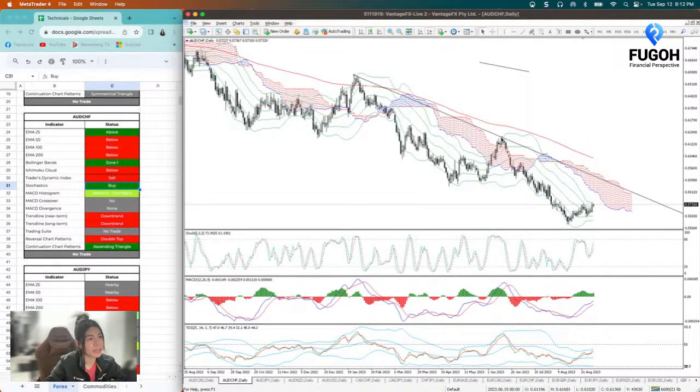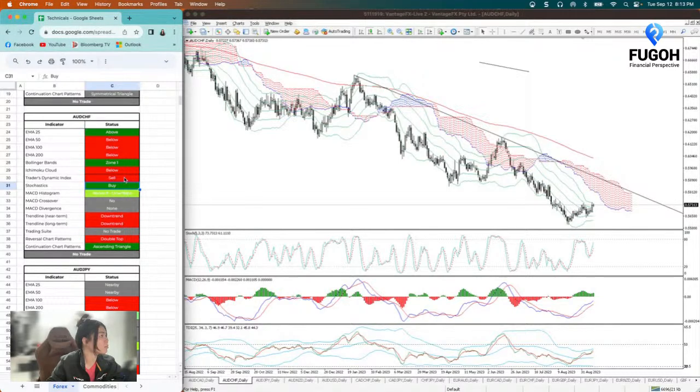High price to high price, guys. Some people get confused. They try to connect a closing price to a closing price, but the correct one is high to high. So since the price is below this trend line, it's still the downtrend for both.